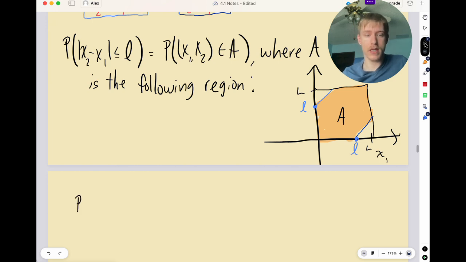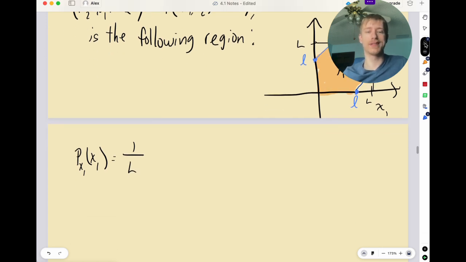So p x1 of x1 is going to be anywhere from 0 to L, so it's going to be 1 over the length, which is L. And of course, this only works if x1 is between 0 and L. You can write it out as a piecewise function if you want. And the distribution for x2 is going to be similarly 1 over L.